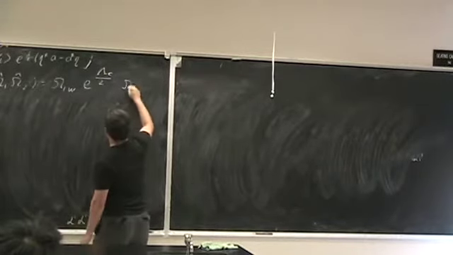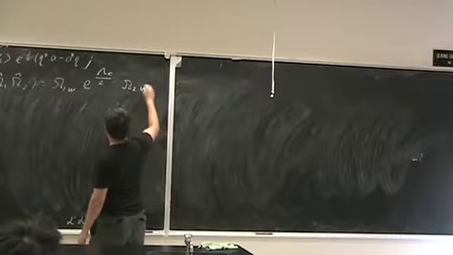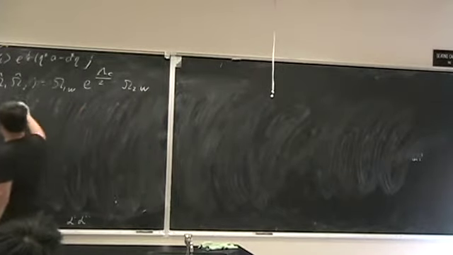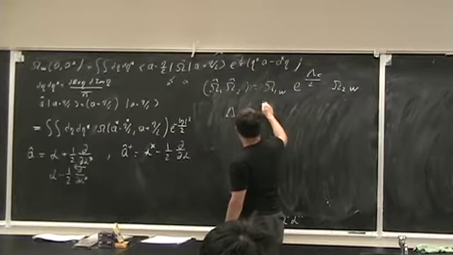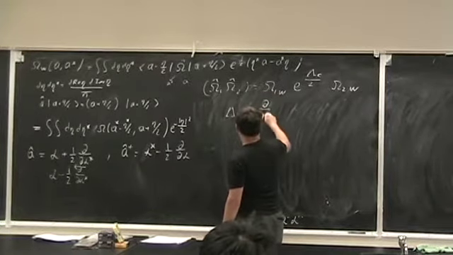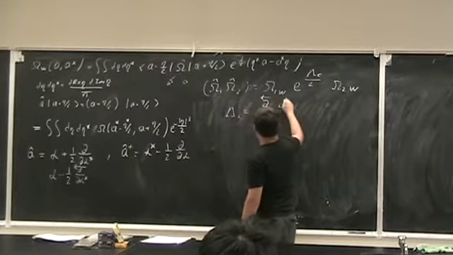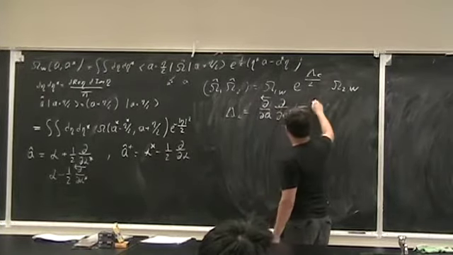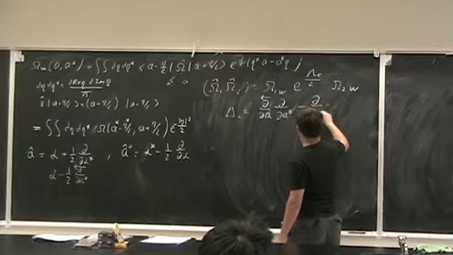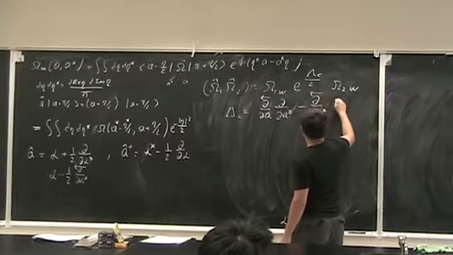Remember, I introduced this before. I just remind you again that lambda c is a coherent state Poisson bracket. It's d by d alpha, d by d alpha star, minus d by d alpha star, d by d alpha.